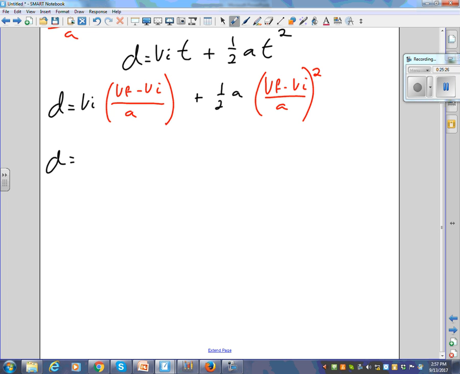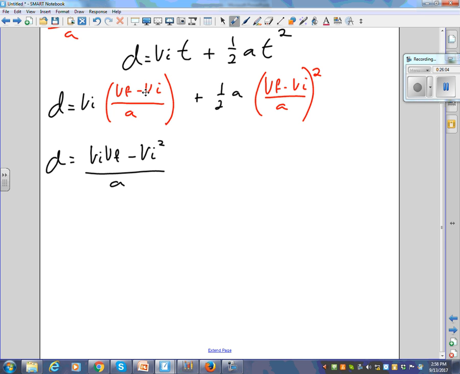So D equals. Now I have to take that VI and multiply it in, right? So VI times VF is simply VI VF. And we usually put the VI first. So that's going to be VI VF. And then the VI times the minus VI is going to be minus VI squared, right? And it's all over A. All I did was take VI and multiply it in by each one.